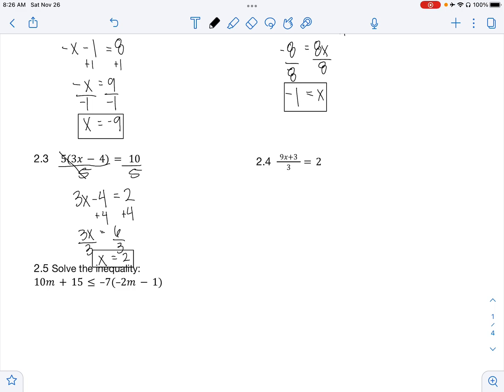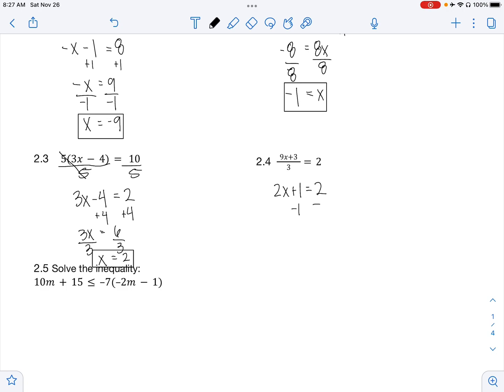Now I'll use that same type of logic with this 2.4. I notice that 9 and 3 that are on the top of the fraction both can divide by 3. So if I divide them each by 3, I get 2x plus 1 is equal to 2. So I'm just simplifying that fraction.